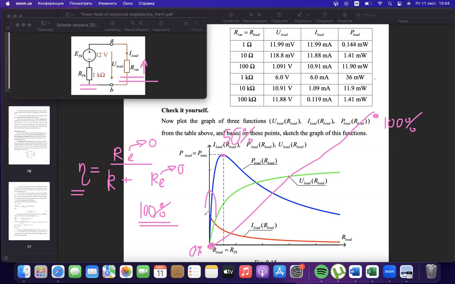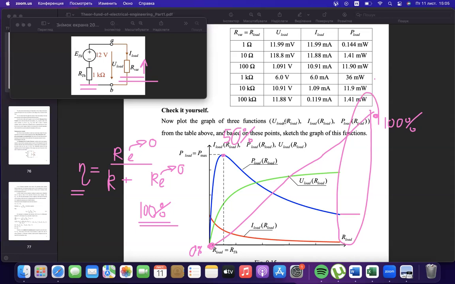It will be this part of the diagram, sorry, not here, this part, where power is not so high, but the efficiency is very high and losses are very small. We are transporting power more slowly, but all the money that we spend is spent on the right thing.